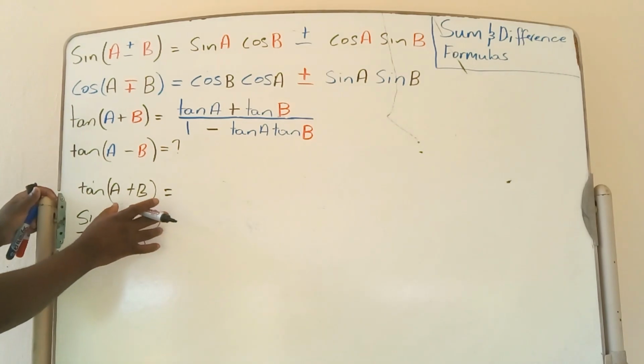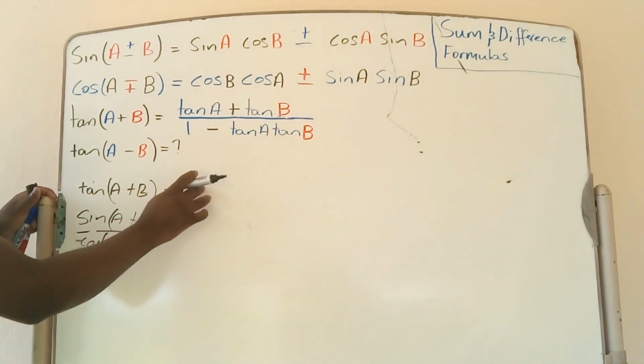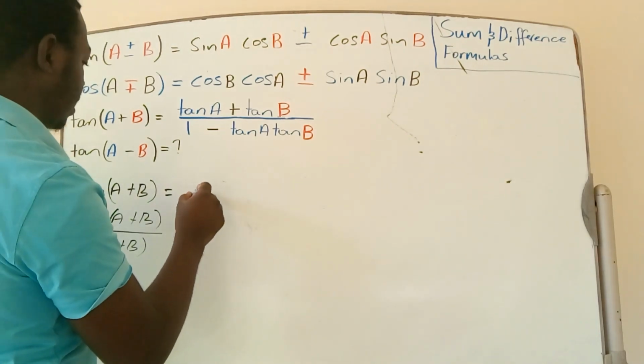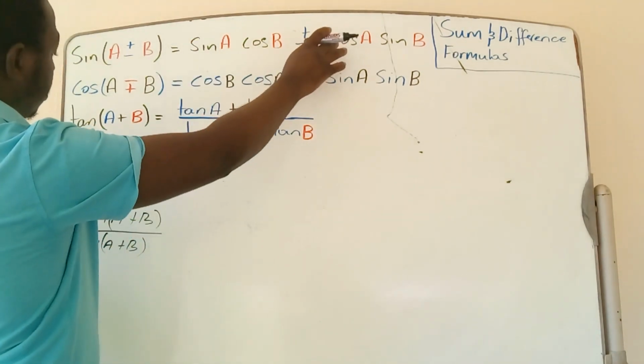I am going to write the expansion for this right here because my board is small, right? So this is the same thing as, I can use this up here.